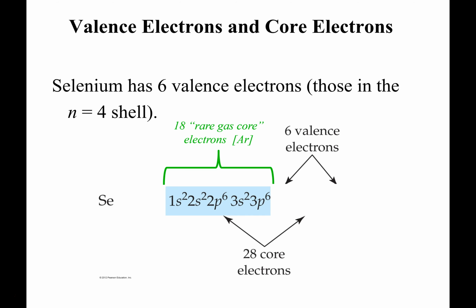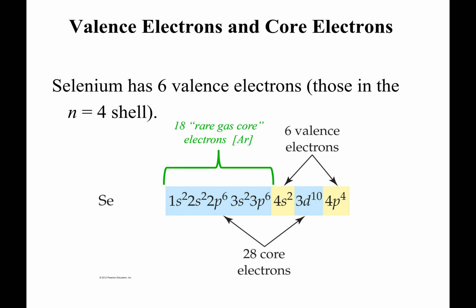So here's one for you. If we pick on selenium, beyond argon, so here's argon, argon would be part of the core electrons. Beyond argon, as we're finding homes for the rest, selenium has 34 electrons, and it looks like this: 2 electrons in the 4s, 10 electrons in the 3d, 4 electrons in the 4p.